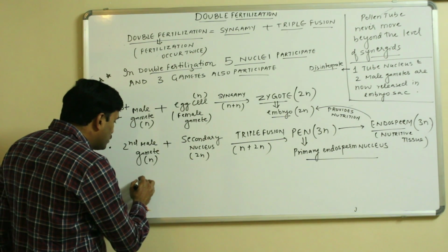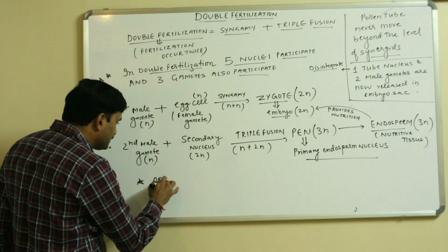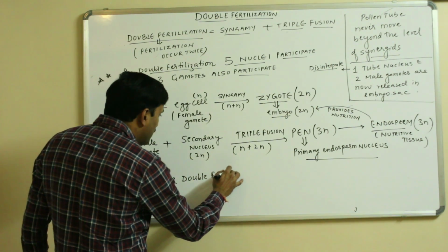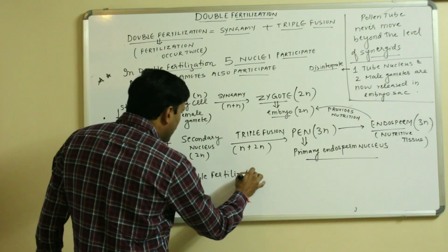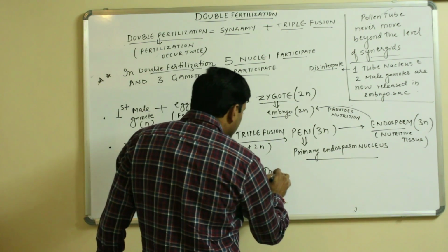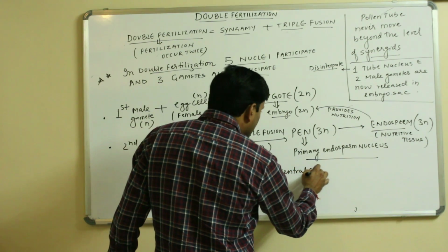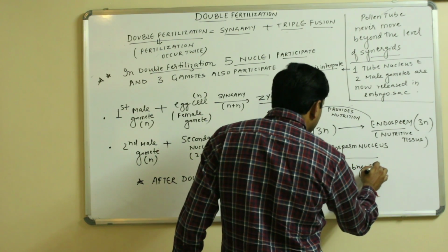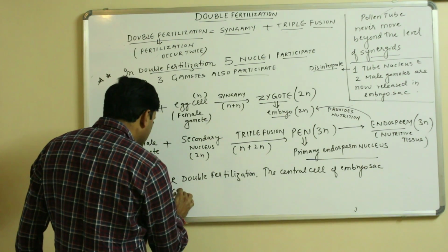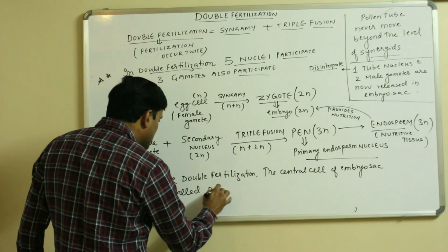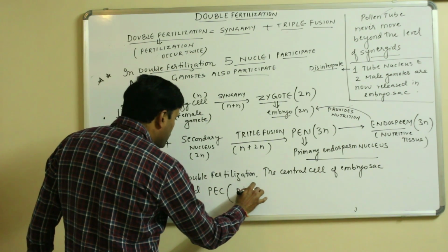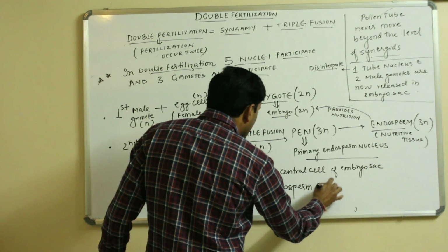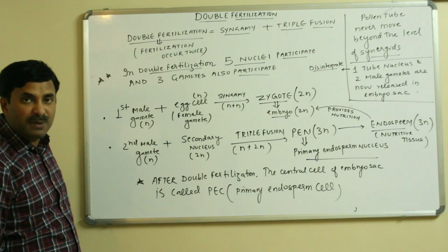Okay, now one thing to be remembered is that after double fertilization, the central cell of the embryo sac is called PEC, that is primary endosperm cell. This is called the primary endosperm cell.